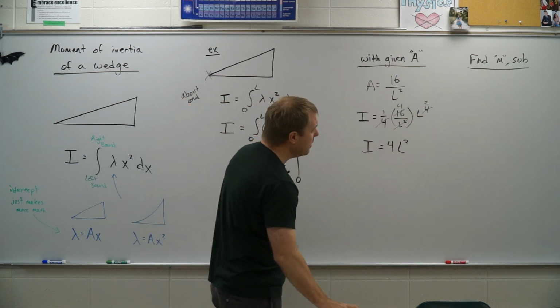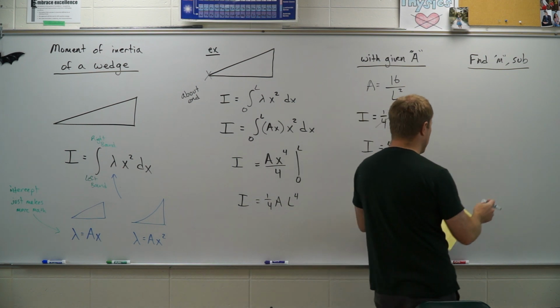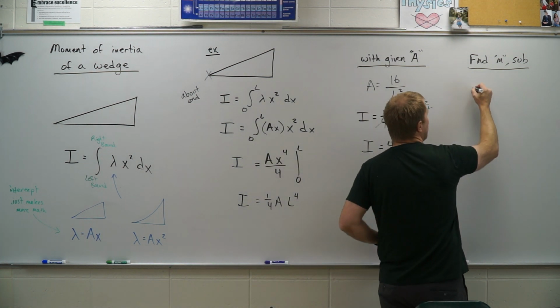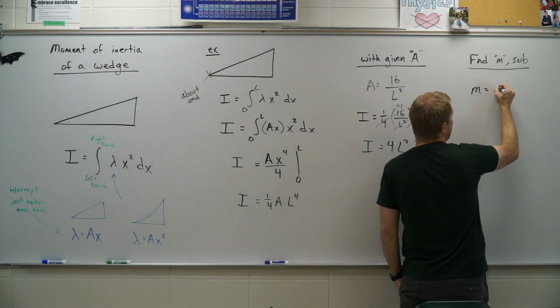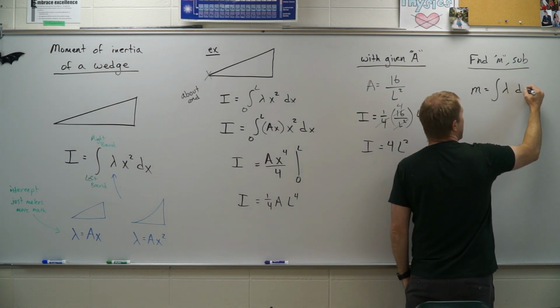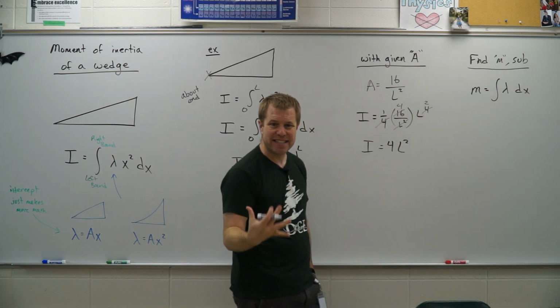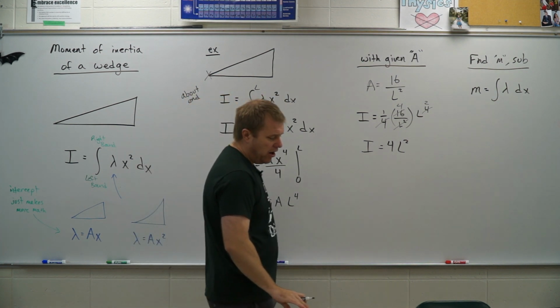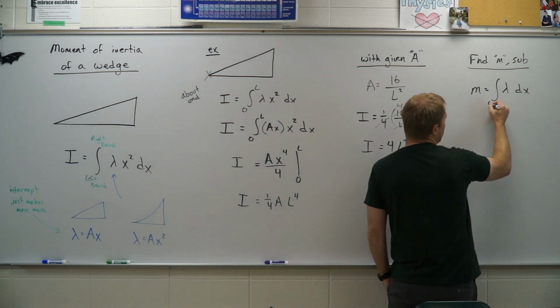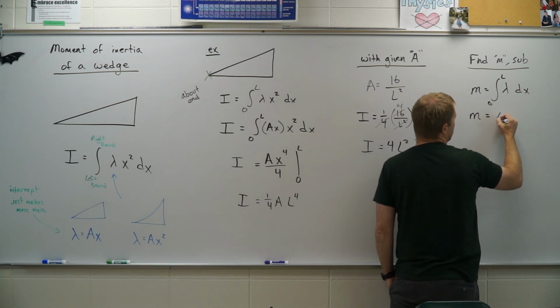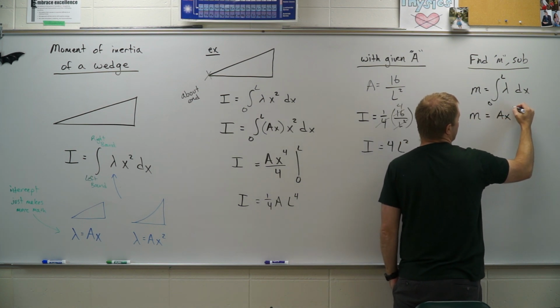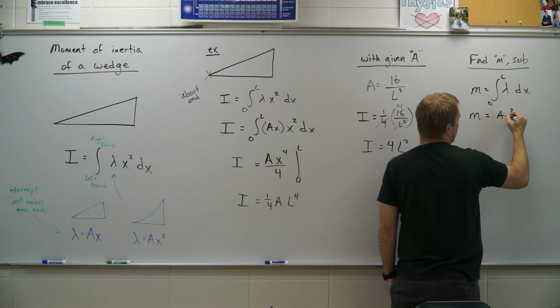All right, if I want to solve this with the mass, let's do that same idea. Mass is going to be the integral of our lambda dx, that linear mass density dx. In order to do this, I'm going to go from 0 to L. So I end up with m equal to ax squared over 2.